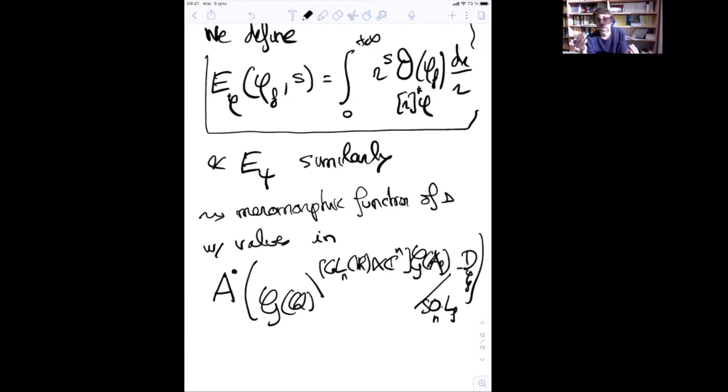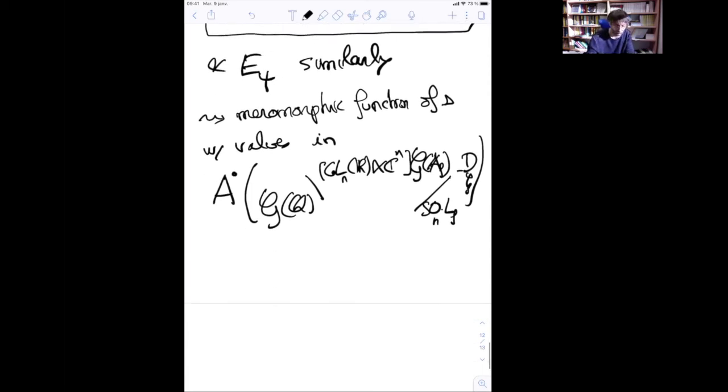And that's the only thing we use to have a meromorphic continuation, that it decreases fast at infinity, and so the only poles that we can get are at 0 and 1, and then you control it using the finite Schwarz function. So let me state the theorem.